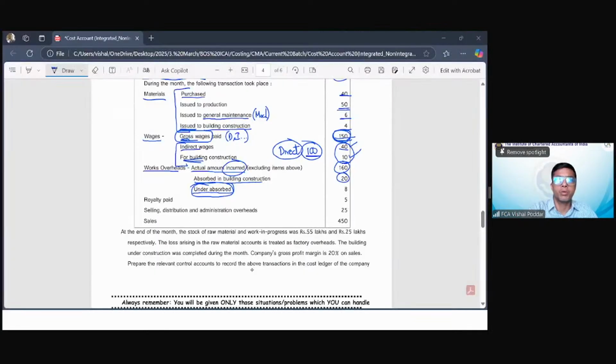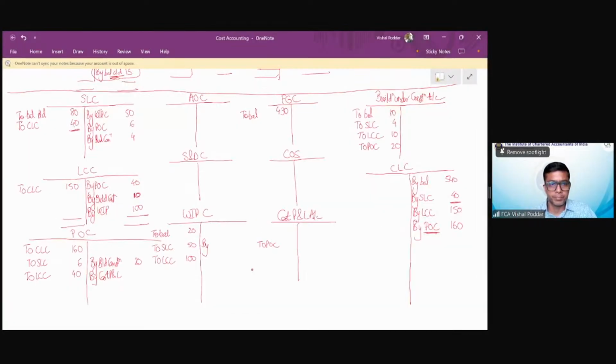How much is the amount? The amount is 8. So this 8 rupees representing my under absorption, I'm transferring from my overheads account, where there is this difference of under absorption, to my cost P and L account. Is this very clear to everyone, students?